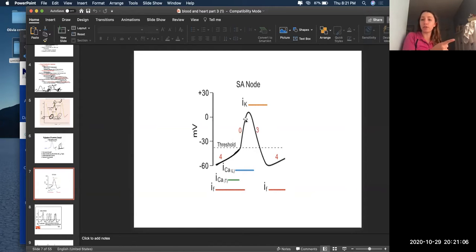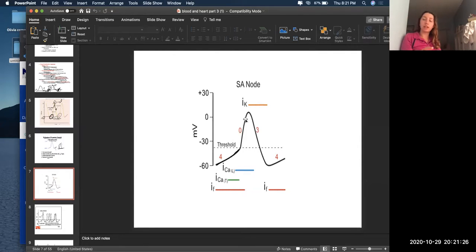Because the SA node does it faster, it spreads via the gap junctions through this circuit. The circuit goes from the SA node to the AV node, to the bundle of His, to the bundle branches, and then to the Purkinje fibers.